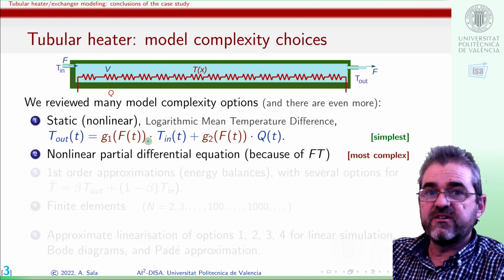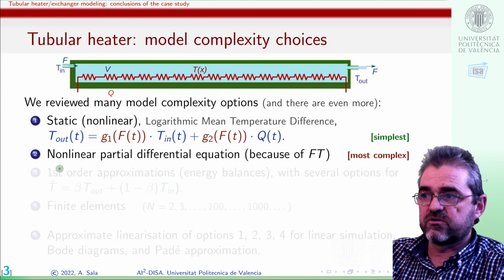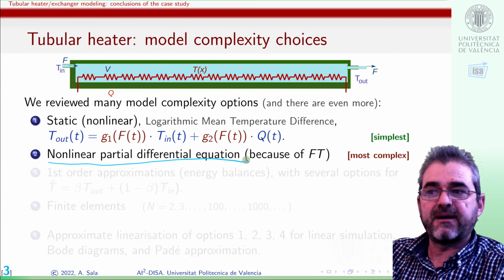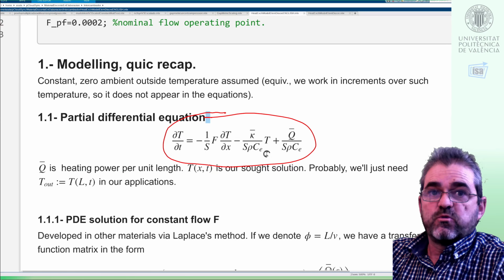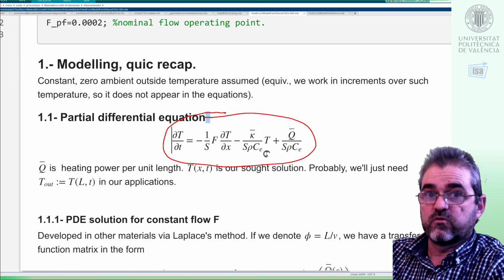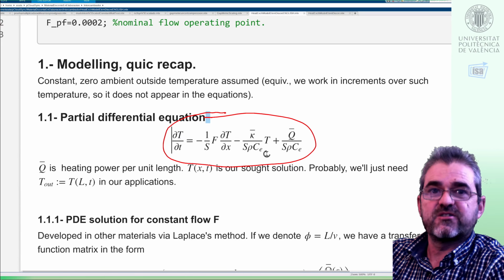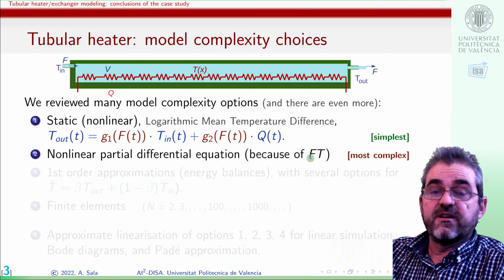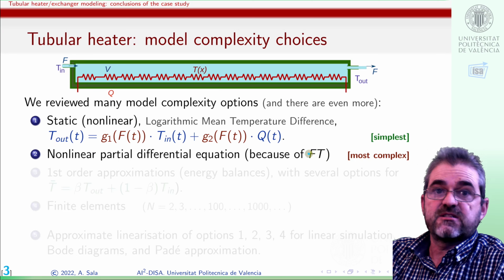As I said, we reviewed a lot of models in a series of previous videos. The most complex one is the nonlinear partial differential equation that we get here as the root of everything. Of course, more complex versions of this can arise, okay? But let us stop here. It's nonlinear because we have products of flow and temperature derivatives.